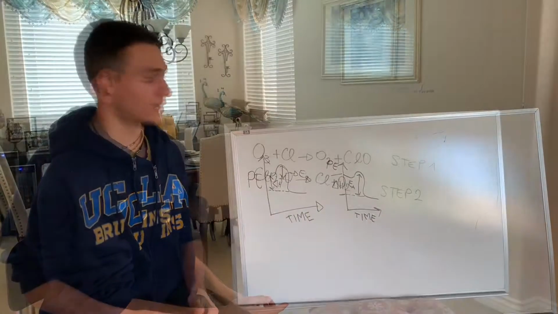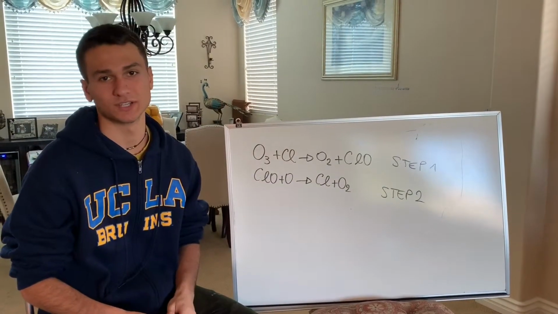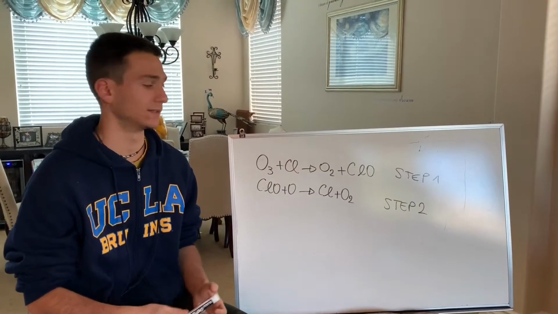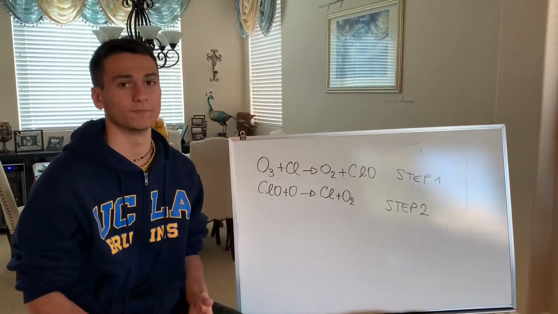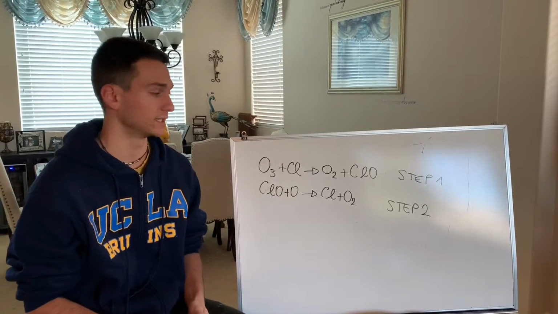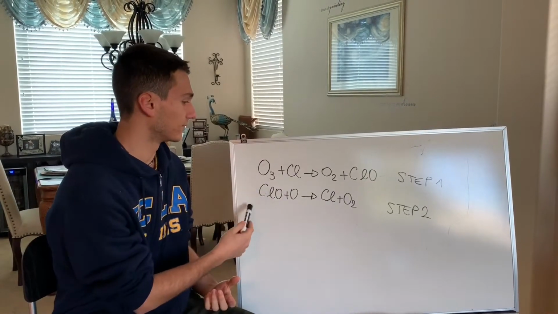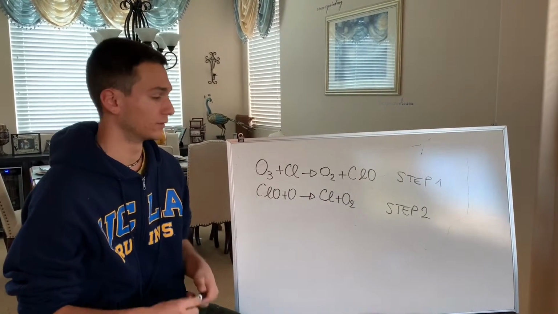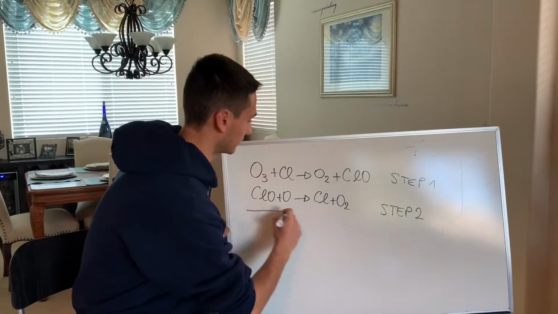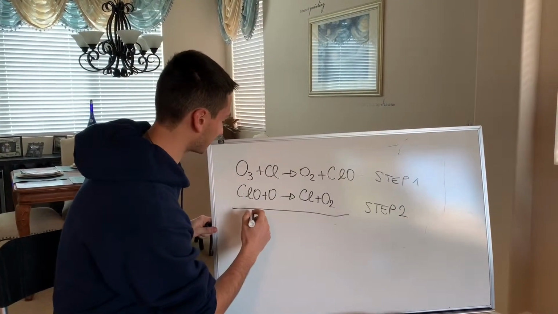When we have a reaction, it's not just one step, but it's a sum of multiple elementary steps. So here are the two steps of an overall reaction that we can figure out.